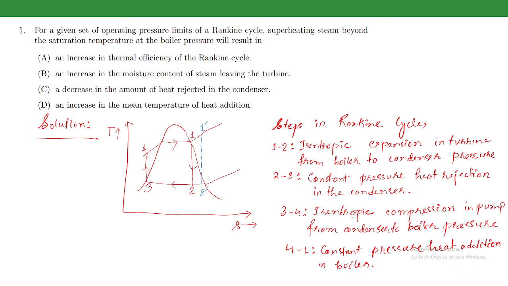This is the process in which there is a modification. In a general ideal Rankine cycle, we superheat the steam beyond the saturation temperature. So this is the saturation temperature, and beyond it, if we are superheating the steam, what will be the changes in the cycle? This is the degree of superheat, 1 to 1 dash.